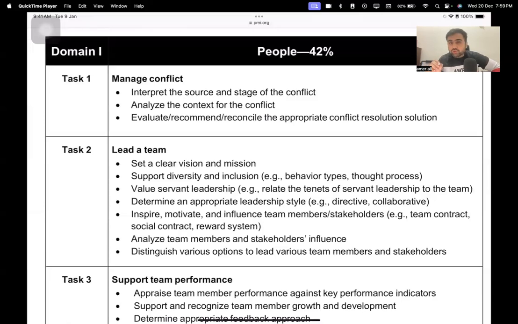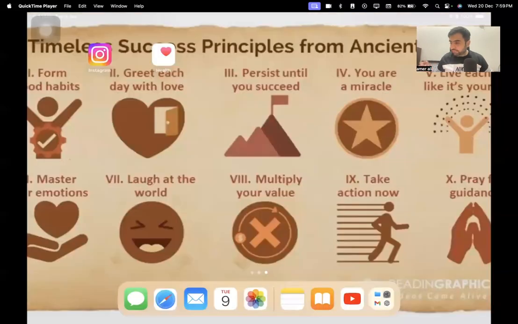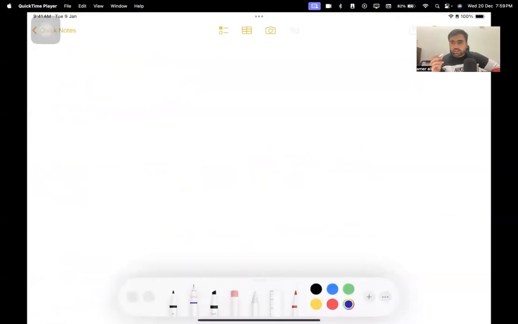Interpret the source and the stage of the conflict. So what does that mean? It means we need to understand the context, why the conflict is happening. Let me go to my whiteboard. It is important to understand what the reason behind it is.